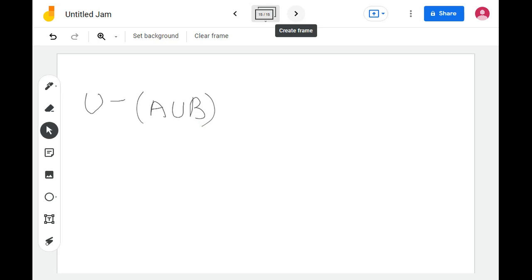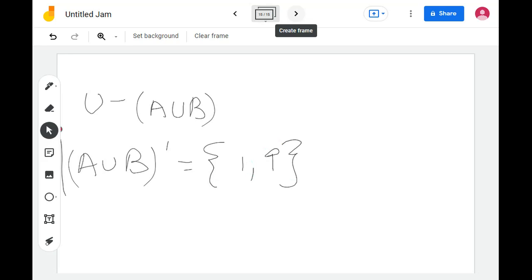So what we get: A union B complement is equal to 1 and 9. This is what we get, A union B complement.